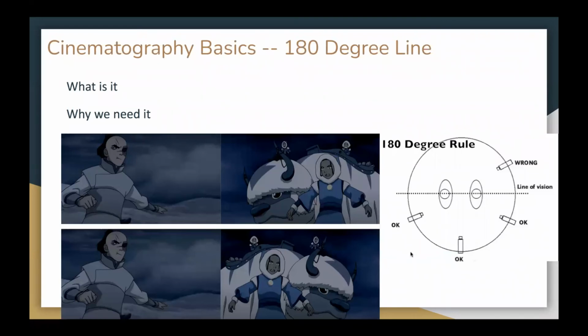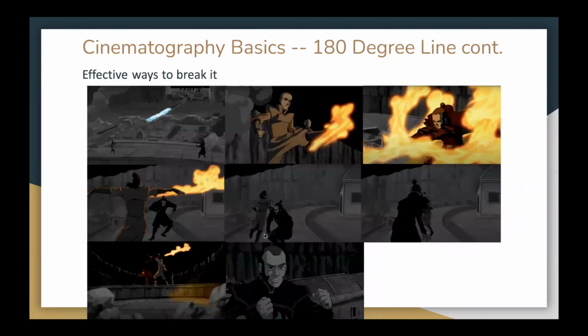However, there is an effective way to break it. In this same episode, you've got our 2 subjects, Prince Zuko on the left and Commander Zhao on the right. And this shot here establishes that 180-degree rule. So you've got him still following the rule. See, he's still left facing right, and you've got Zhao on the right facing left.